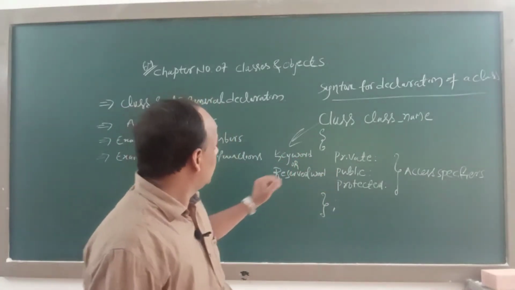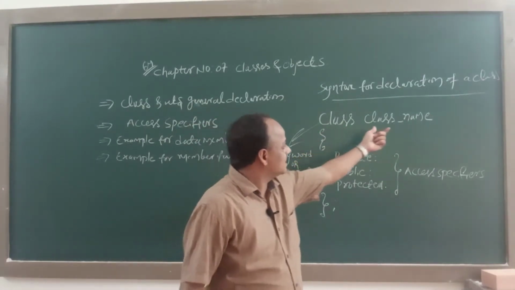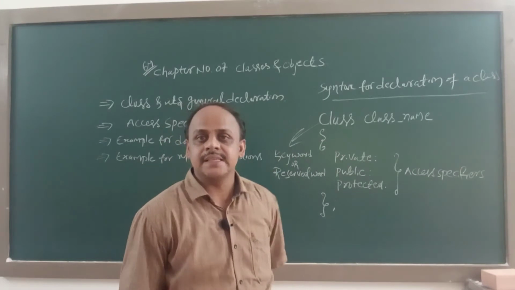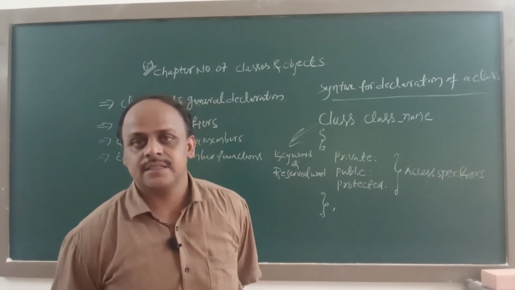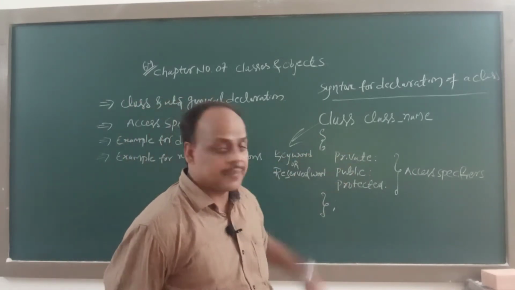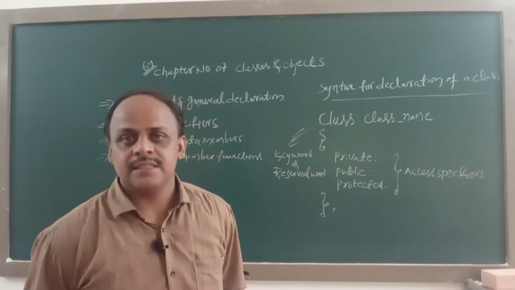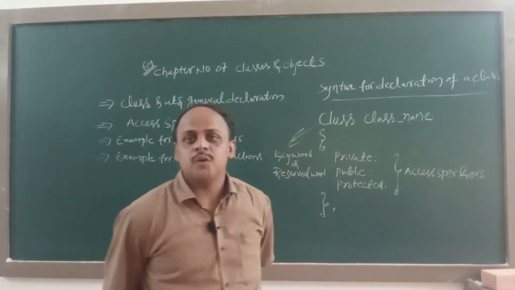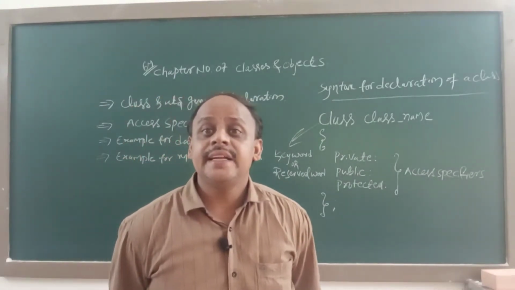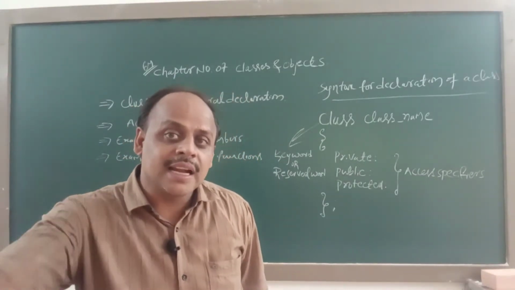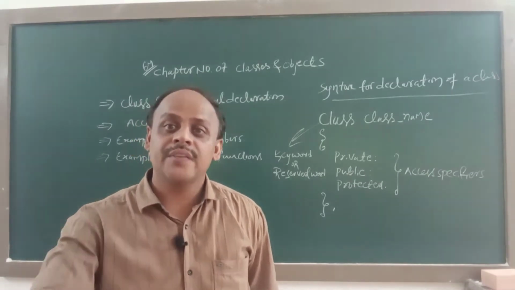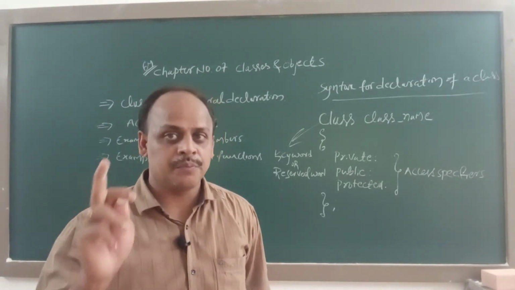Afterwards the class name is there. This class name represents the name of the class, and it is going to act as the data type for the class variables, means objects.